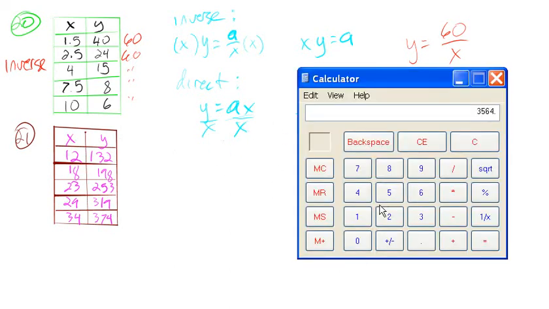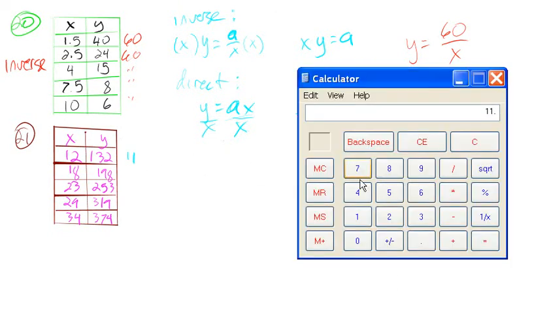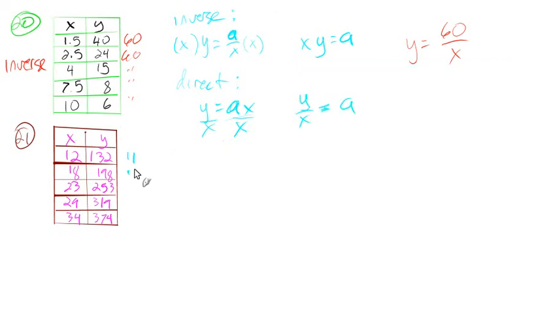So let's try that. 132 divided by 12 is 11. 198 divided by 18, 11 again.